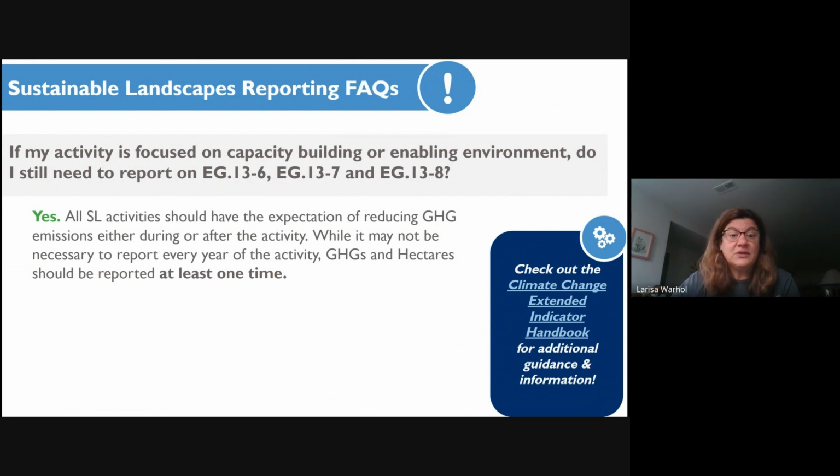And so at some point, consider reporting on 13.7 and 13.8. Both of those indicators allow for the emission reductions to be happening in the future. So they're not things that have to be happening within the actual year of the activities. And again, we can work with you on how to calculate that.